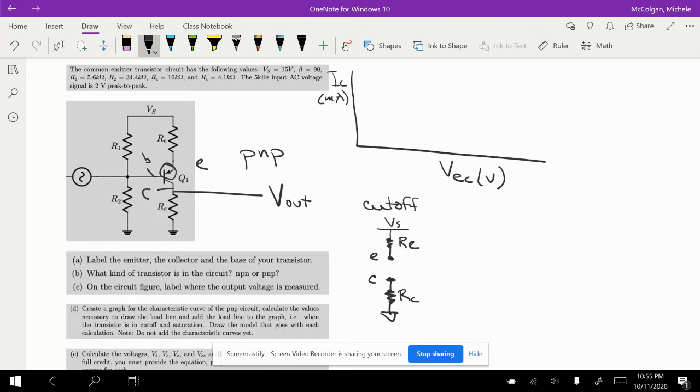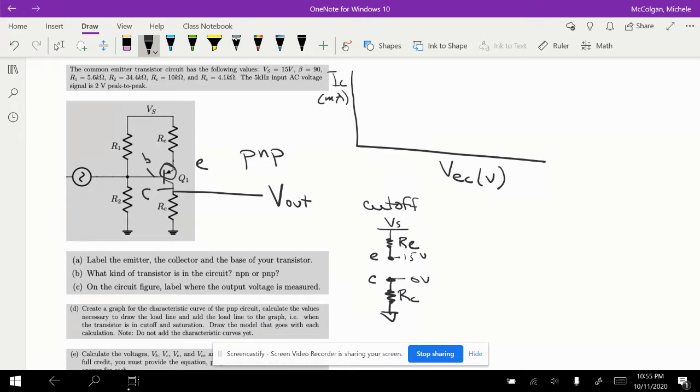At the emitter, because there's an open and nothing connecting the emitter to the collector, E has to be at the same voltage as our source voltage, so this is going to be 15 volts. Because there's no current flowing, our collector is going to be at ground, so this is 0 volts.